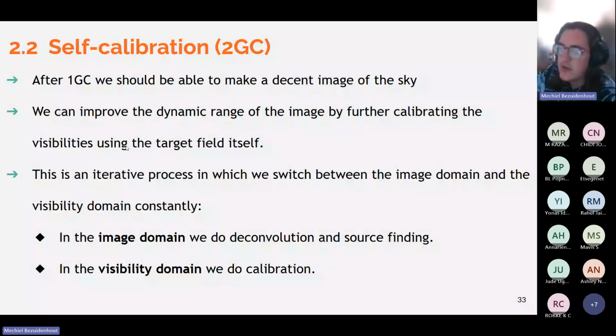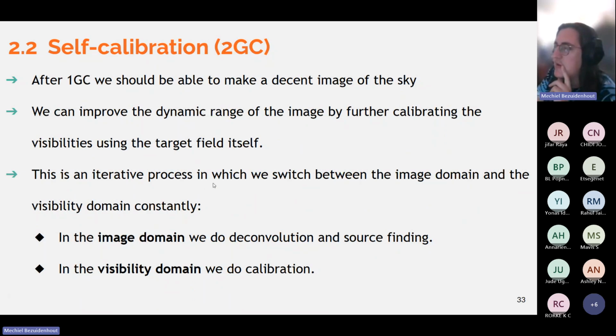So you don't observe another calibrator source, you just use the target field as it is. And you can do this using an iterative process in which we switch between the image domain and the visibility domain constantly. And in the image domain, we do the deconvolution and source finding. And in the visibility domain, we do calibration.